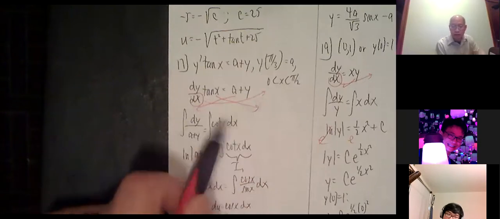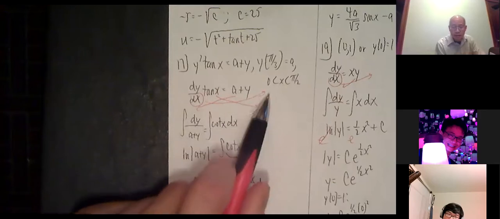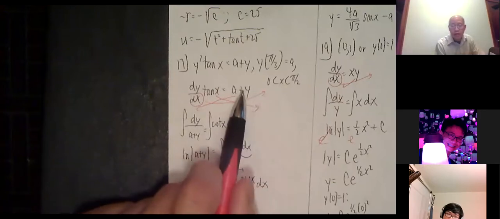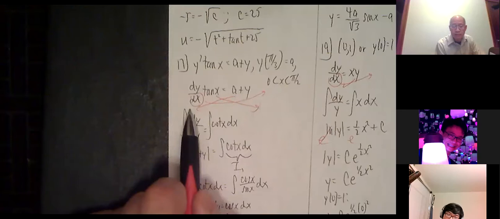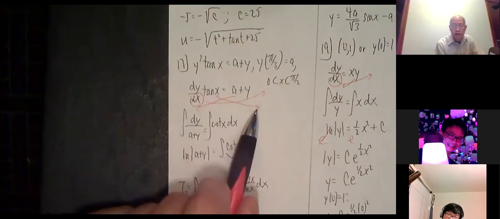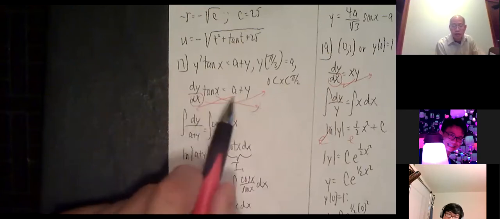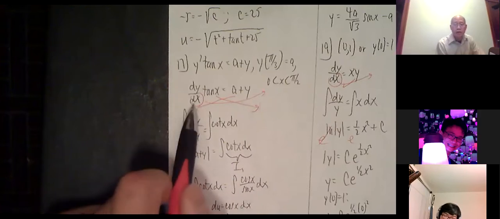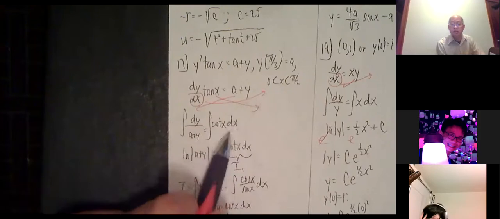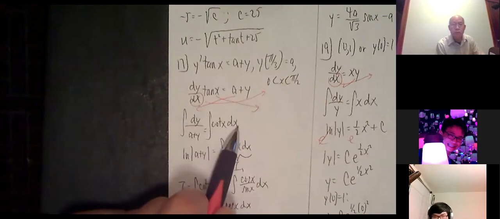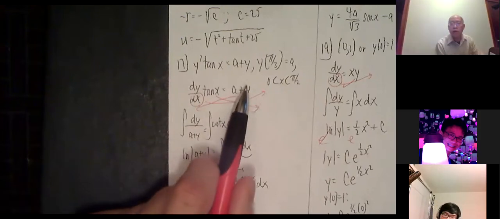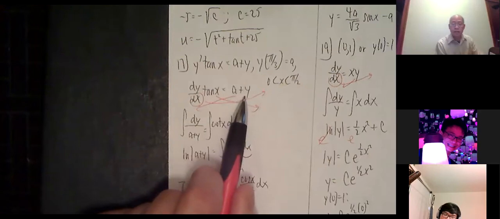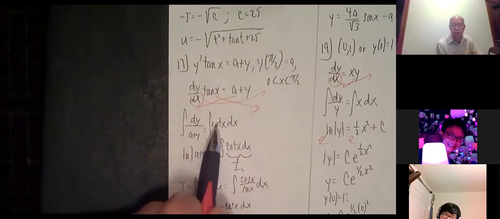So that's what all these arrows mean. dx comes here, multiply. A plus y comes down, divide by tan. So it looks like this. If I divide by a plus y, it's over here, dy over a plus y. If I multiply by dx, it's over here. And then on the right-hand side, I have 1 over tangent x. But 1 over tangent x is cotangent x.